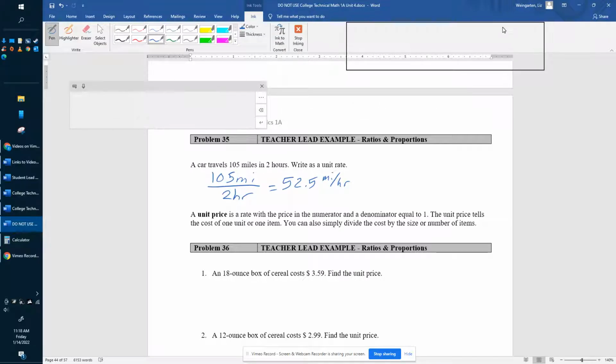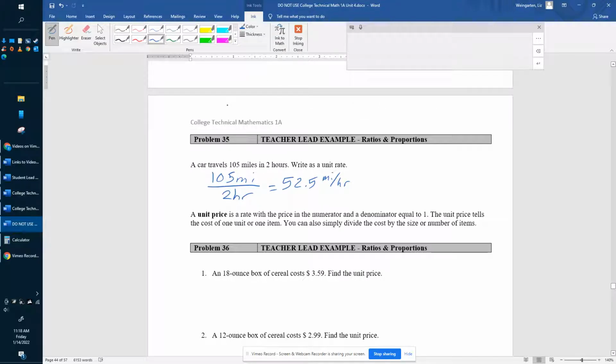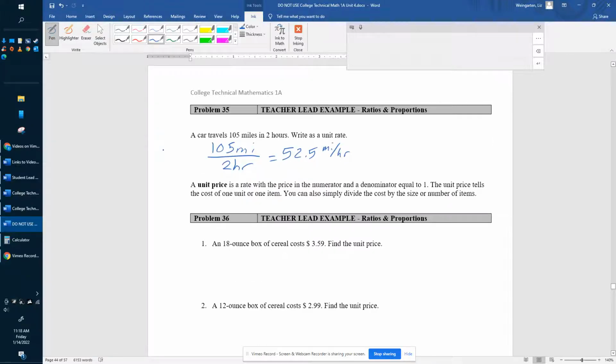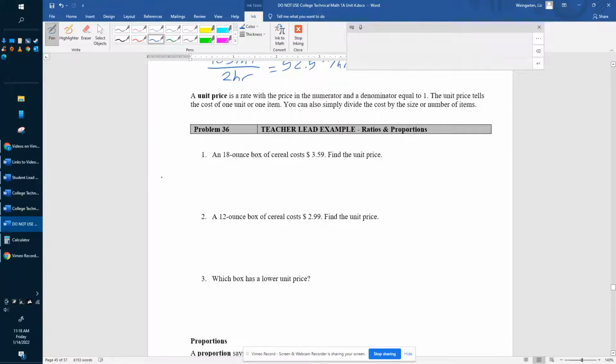Let's look at unit price. A unit price is a rate with price in the numerator and the denominator equal to 1. The unit price tells us the cost of one unit or one item. So an 18-ounce box of cereal costs $3.59. Find the unit price. So we have price in the numerator.